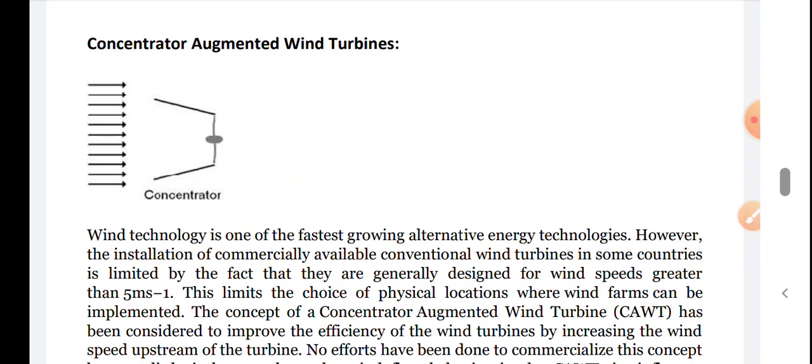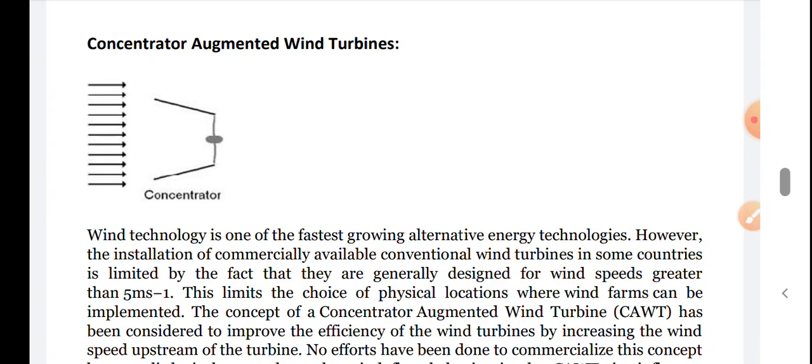But basically what happens in this design is that the concentrator is used, which is concentrating the wind that is incident on the turbine blades, and when it is concentrated, the speed of the wind is increased.